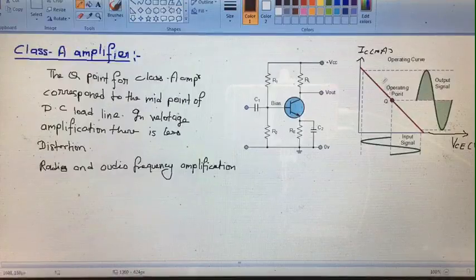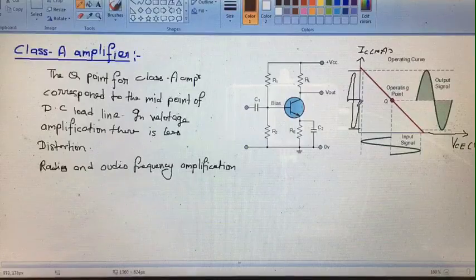Here it is providing the current. When we consider the maximum and minimum value of the current, the quiescent point is in the middle, so we will get a complete cycle of IC. When there is no restriction on collector current, the collector current will always flow.